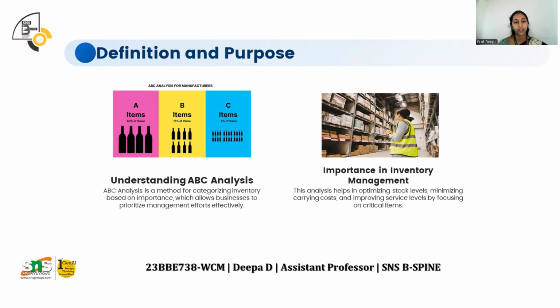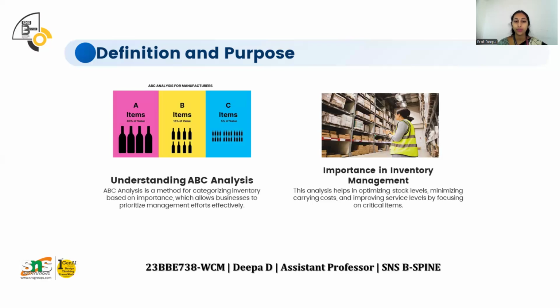That is what is given in this diagram also. See here, A items, B items, C items. A items have 80% of value, B 15%, just an assumption, and C is 5% value. So, highly important, moderately important, and least important valued goods.